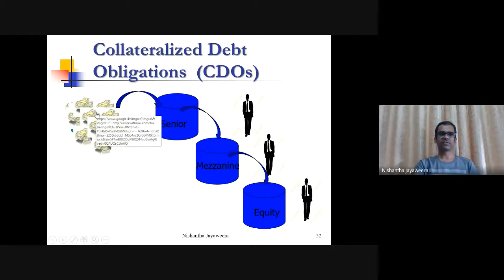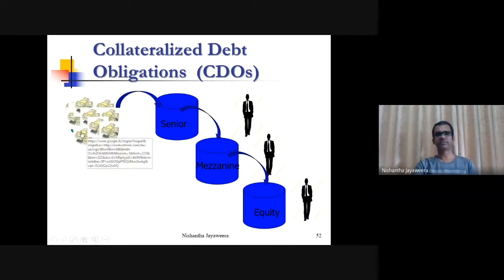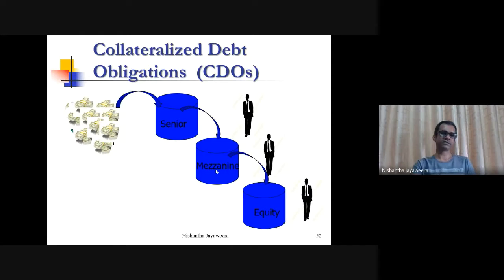If there's more than 1 billion, first 1 billion is used to pay the senior tranche. Once it is paid, there's excess, so the remaining balance is used to pay the mezzanine tranche. Say another 1 billion, make that payment. Then there's another 500,000. Use that 500,000 to pay the equity tranche.